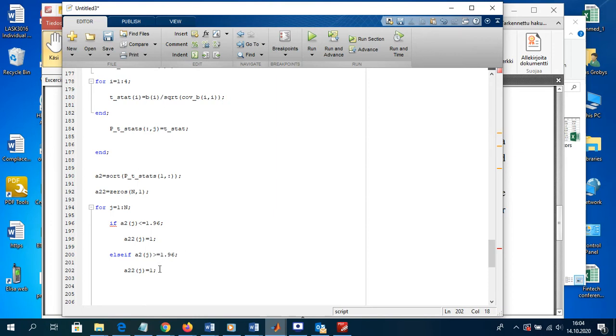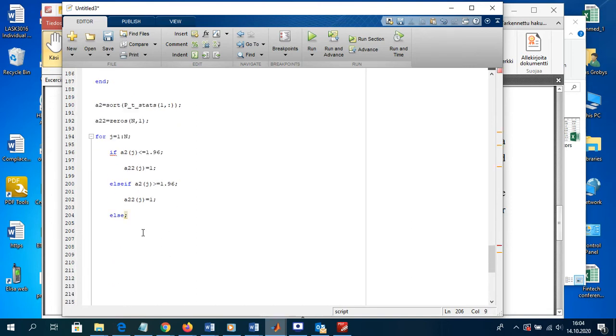Because we are collecting where the significant t-statistics are. Else, what if none of these is true? Then the element should otherwise remain a 0.